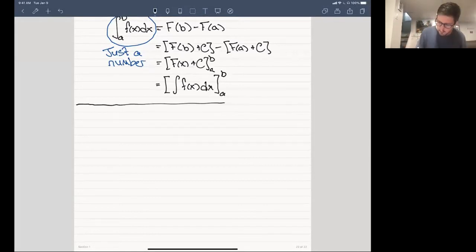Well, we are going to talk about the method of substitution here. And this is, as I mentioned at the top of the video, essentially running the chain rule backwards. So what do I mean by that? Okay, let's assume we're given a function u of x that is differentiable.